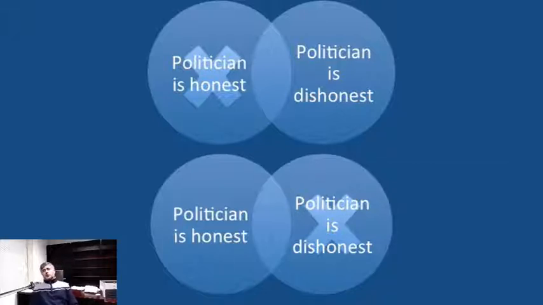But of course, those two claims could both be true. There could be one politician who's honest and another politician who's dishonest. So once again, the Venn diagrams for the two claims help us to see that those two claims are consistent with each other. They can both be true under certain circumstances.